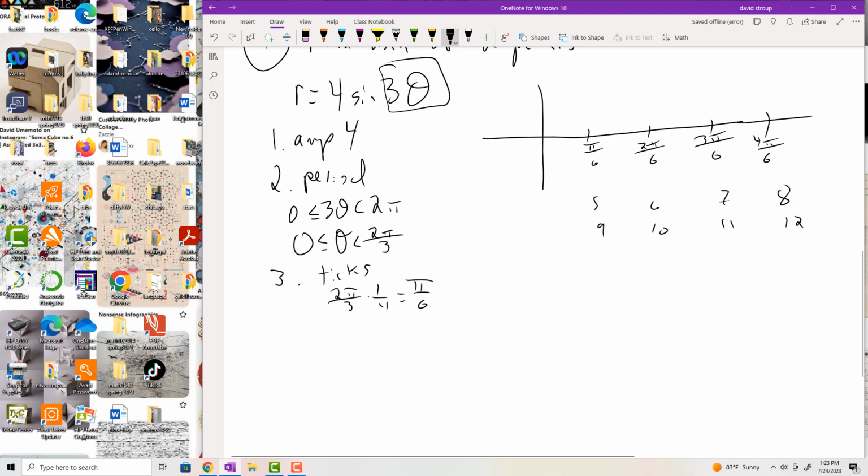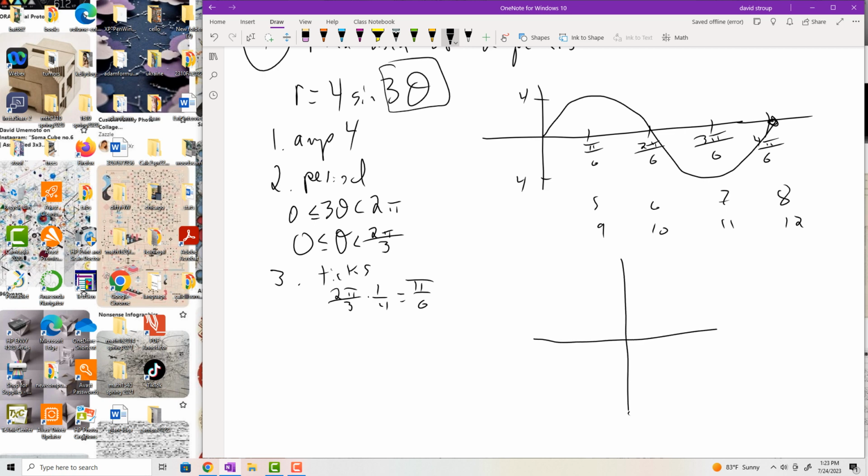And it's going up to 4. Sine starts at 0. And there we go. All right, now go to our theta plane, and I need to figure out how long it takes for me to get 2 petals.